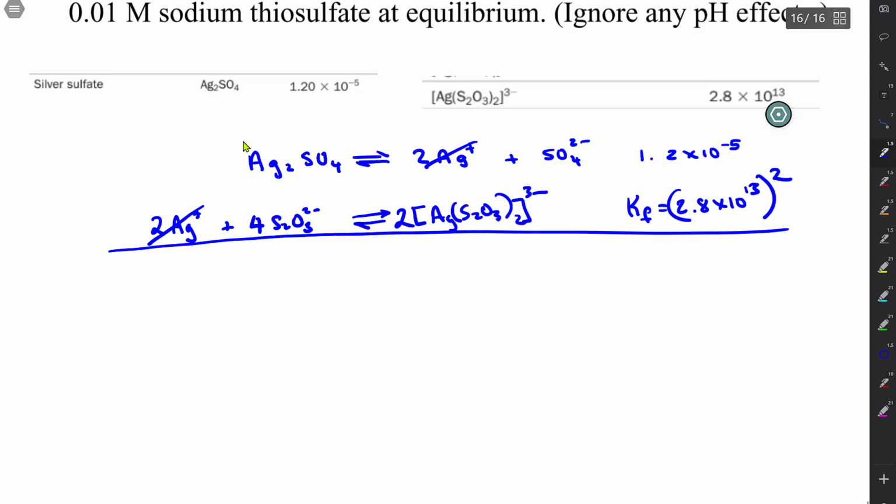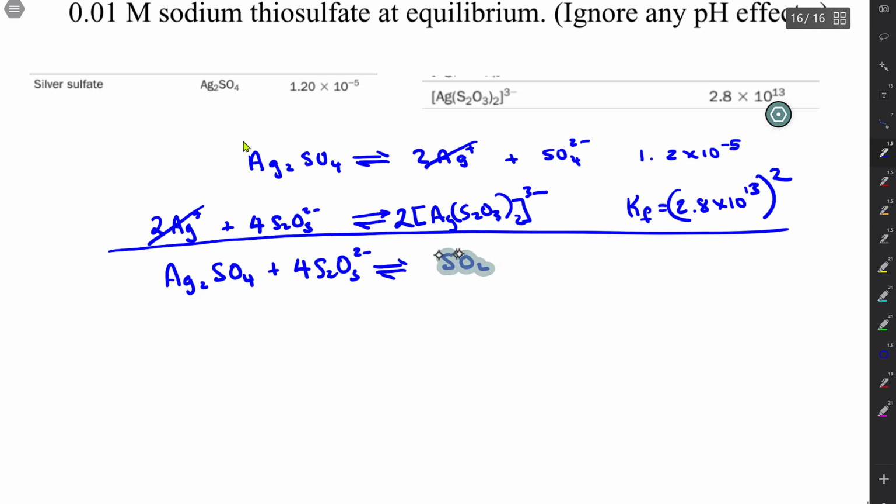And then I get silver sulfate, again that's the solid, plus 4 thiosulfates, in equilibrium with sulfate.